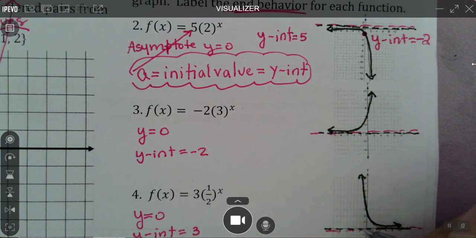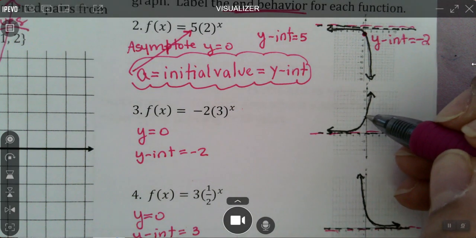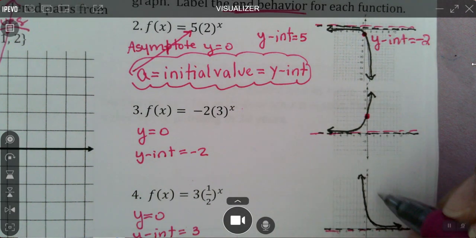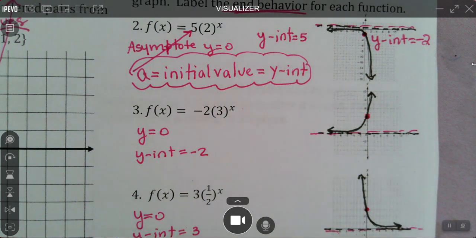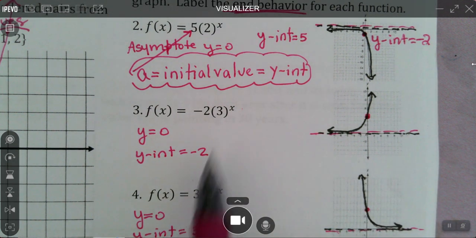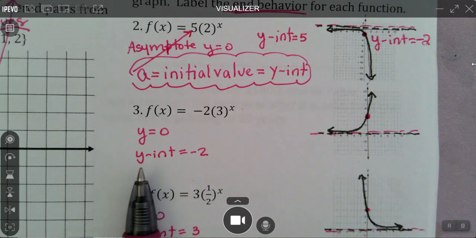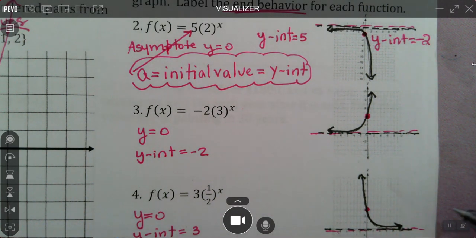Then between these two, which one has a y-intercept of 3 and which one has a y-intercept of 5? It's kind of hard to tell, right? 1, 2, 3. This one goes by ones.